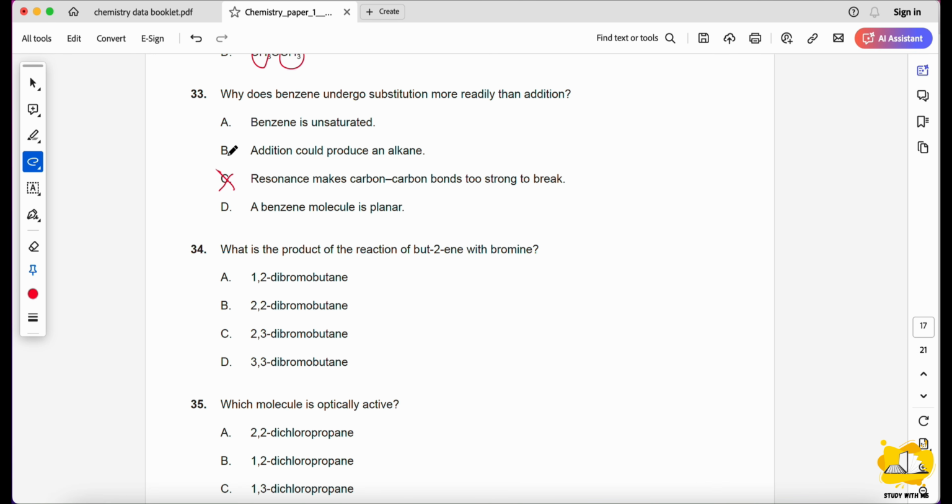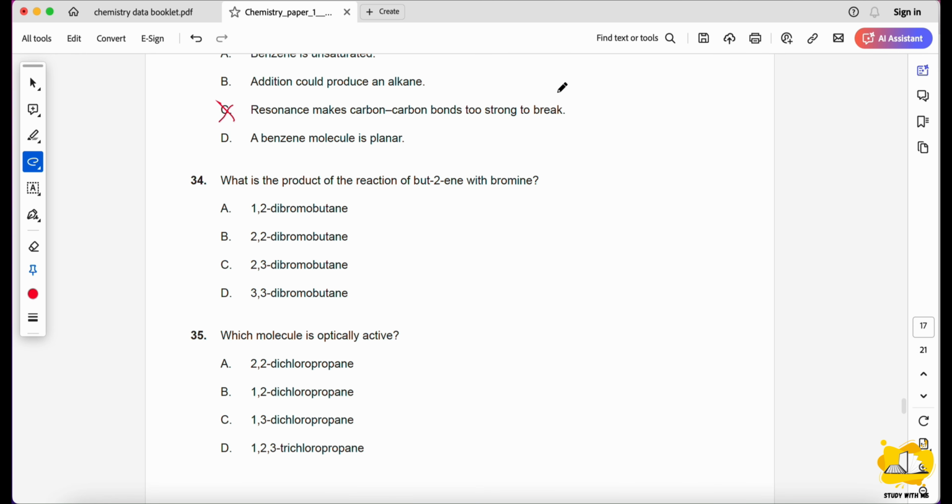What is the product of the reaction of butene with bromine? So if we draw the Lewis structure, the structure of this plus Br2, this will break: CH3, CH, CH, and then this will be Br, and CH3.